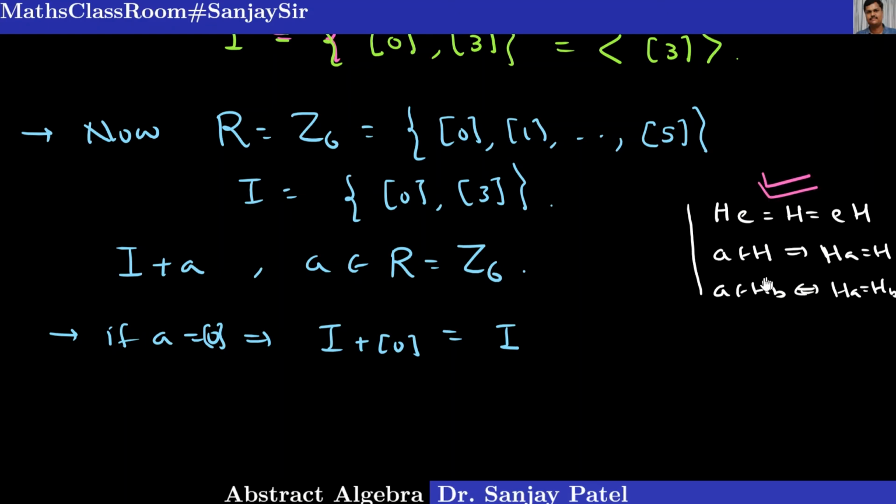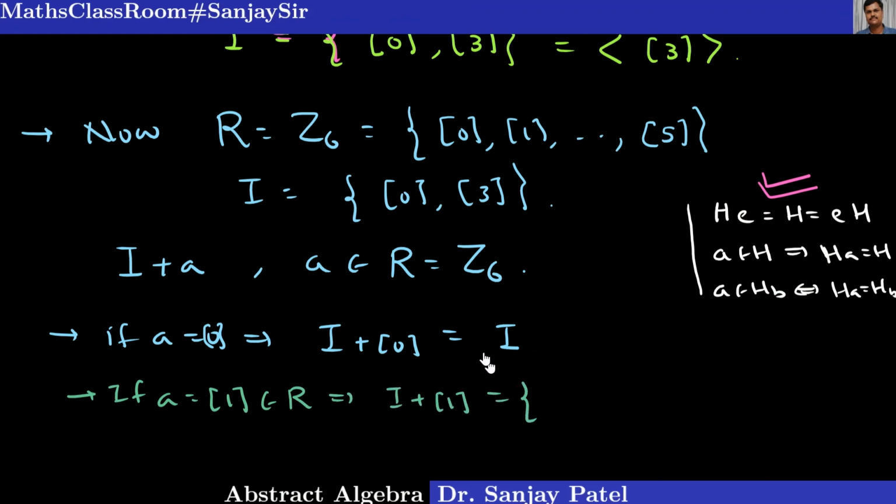Just keep in mind. So using this we can also obtain another right coset for the element A is equal to class 1 belongs to R. We have I plus class 1.